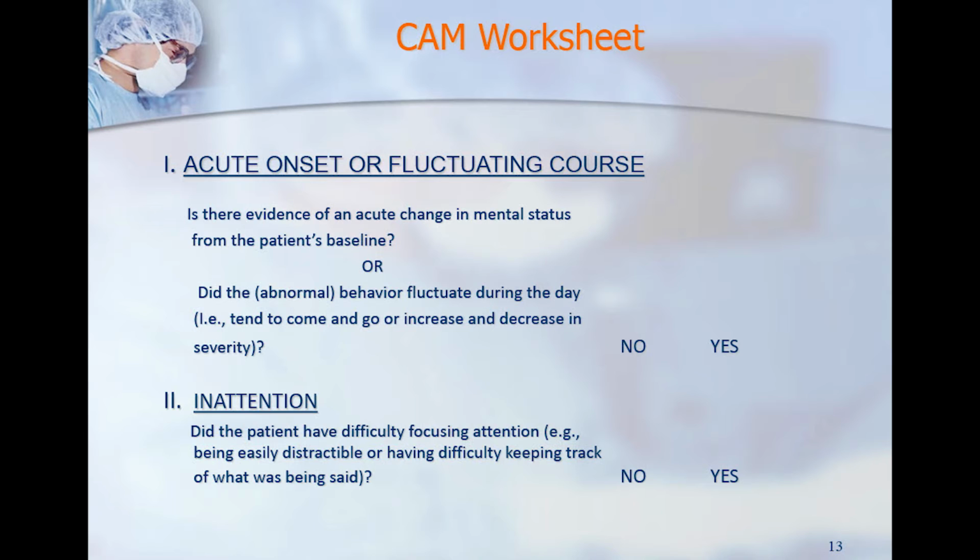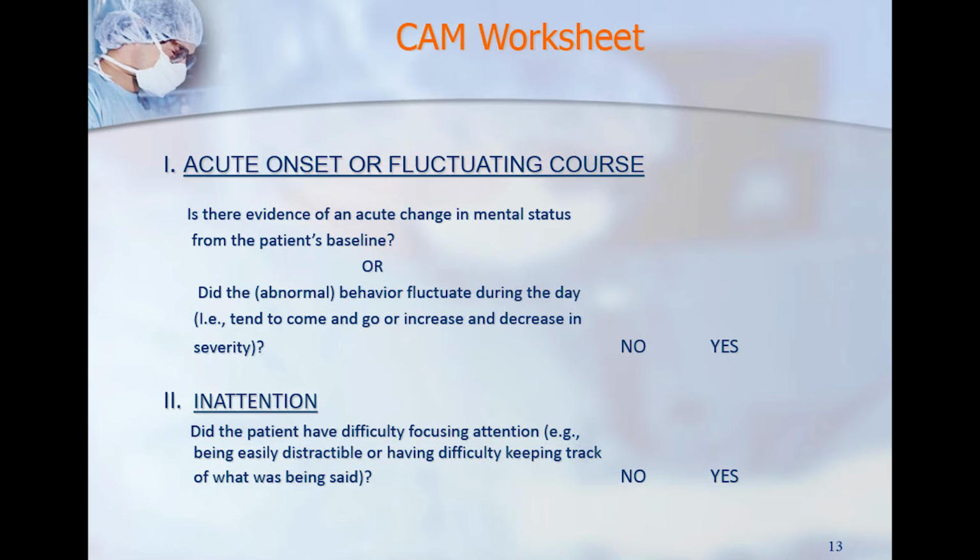It's a good habit. The Confusion Assessment Method should be done whenever there is a clinical suspicion of delirium, even routinely, like every 3 days for all inpatients, so that you will catch delirium early on, especially hypoactive delirium. So, is there evidence of acute change in mental status from the baseline?